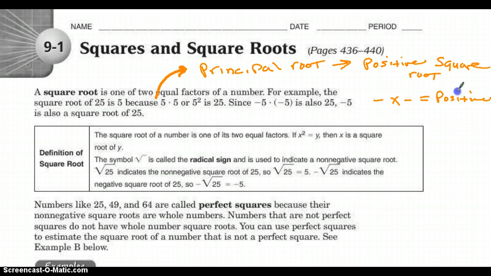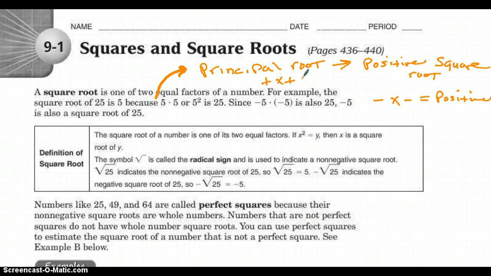So all square roots literally have two squares. One is a positive times a positive, and the other is a negative times a negative. But here we will simply use the principal root, which is a positive times a positive. Okay, I'm going to put that there so you understand. Positive times positive is called the principal root.